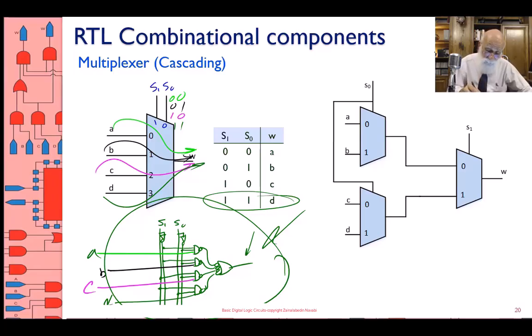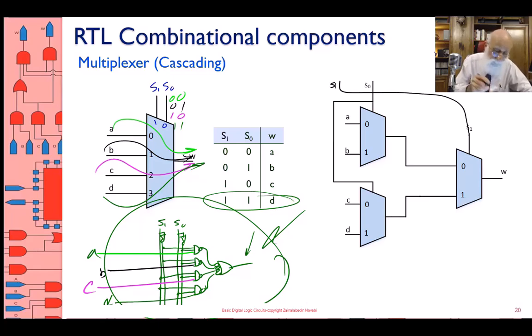Cascading means that I put S1 on the upper one. So once again, look at the 4 values. If I have 0, 0, what I'm going to do is bring in S1 and put it on this side here.